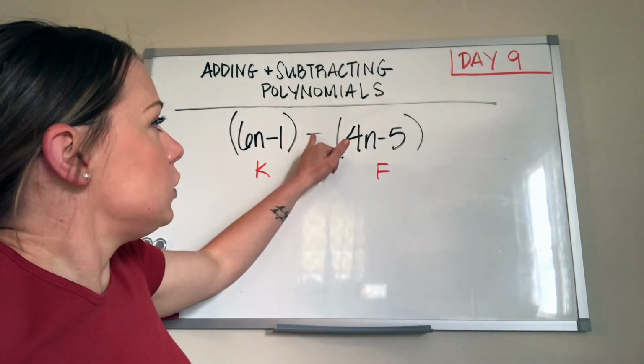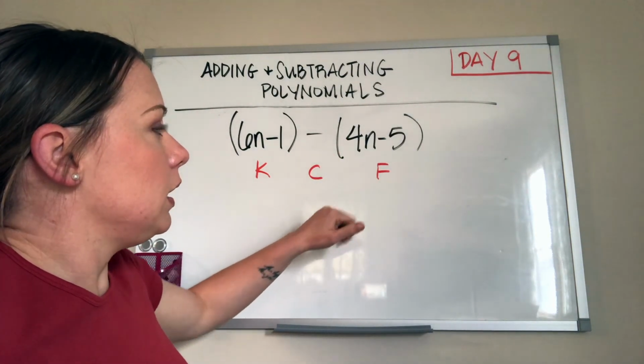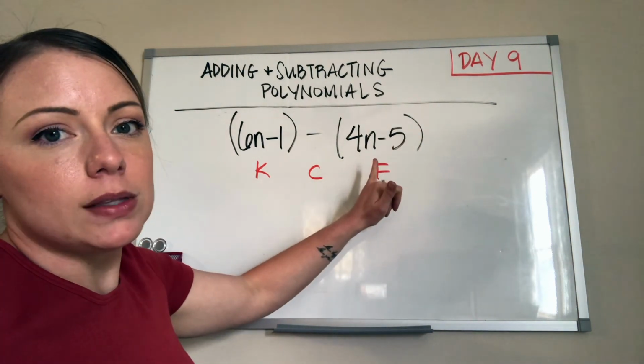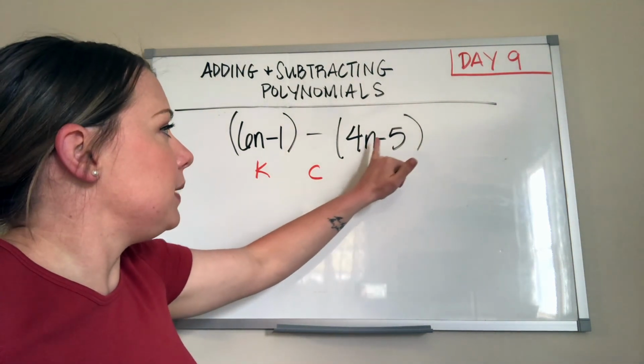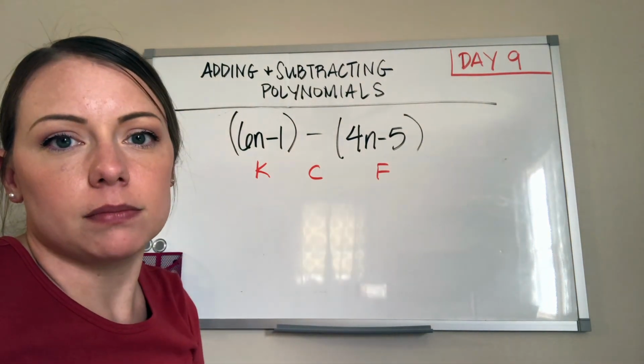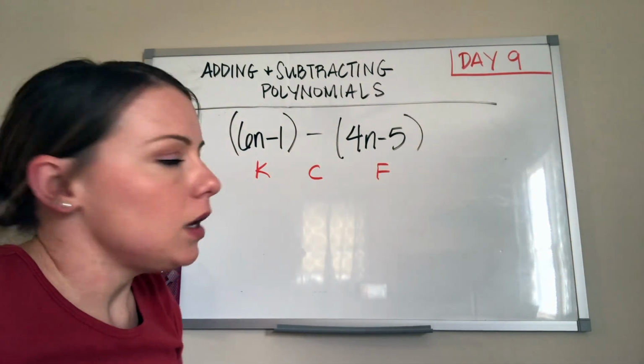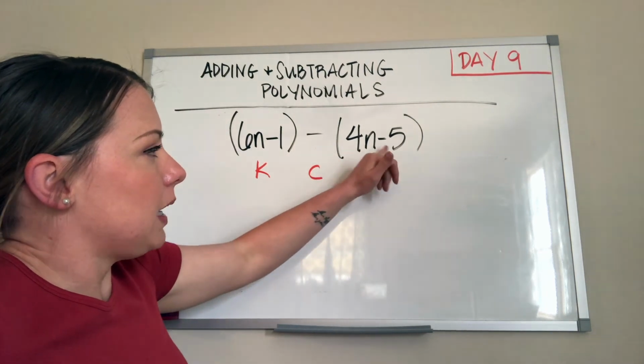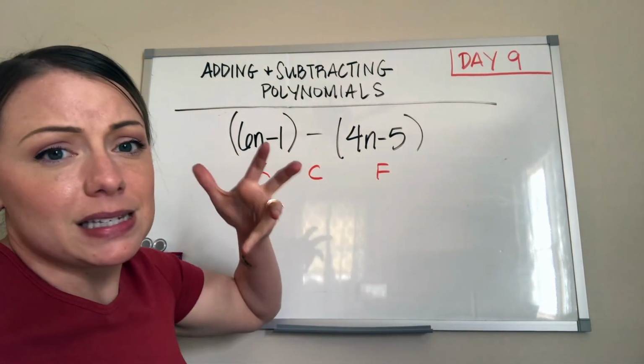We're going to change this subtraction to addition, and then we are going to make the second polynomial its opposite by flipping each of the signs. All right, so not too bad. So the opposite simply means you're going to make everything the opposite sign.